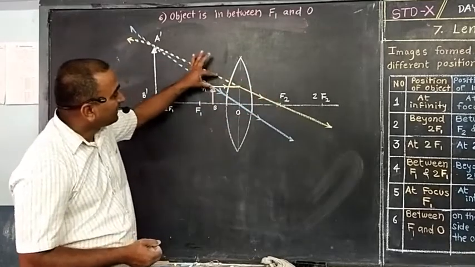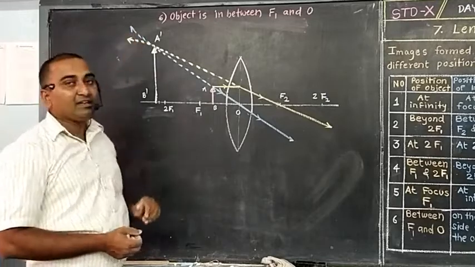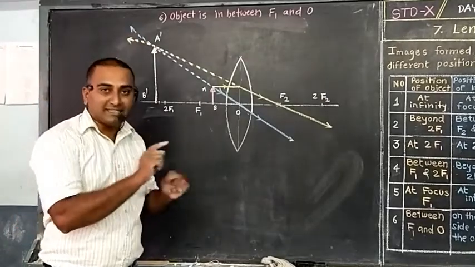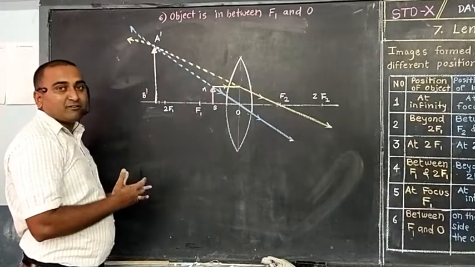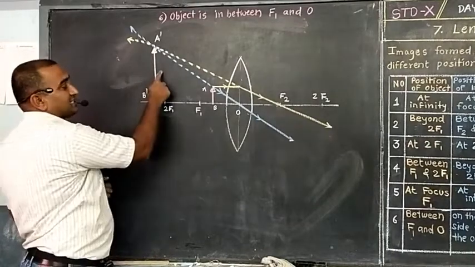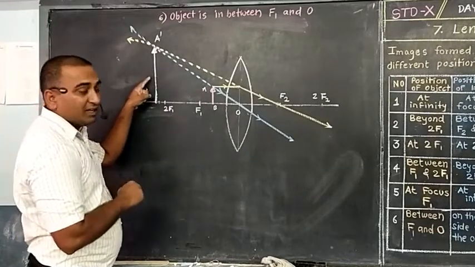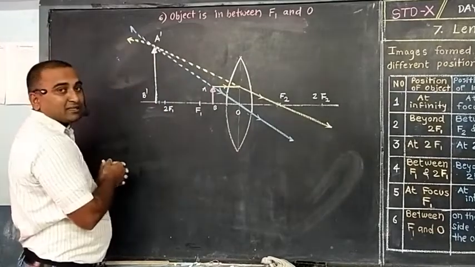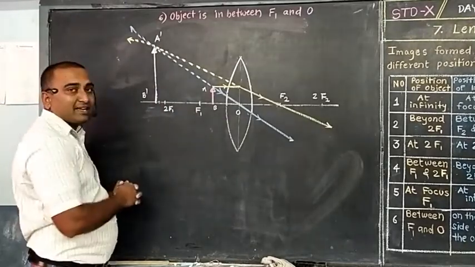But here, the rays which are dotted lines, that is imaginary rays, are meeting. So definitely we have to imagine that image there, and this one is virtual. So what is the nature of the image? Image is virtual. As the image is virtual, again upright, erect image, head is up. So same as the object we are getting the image.